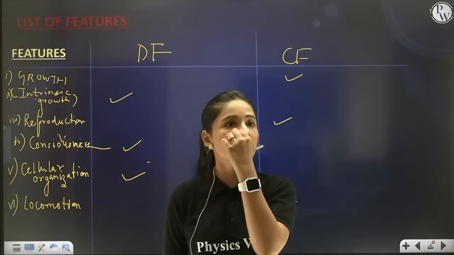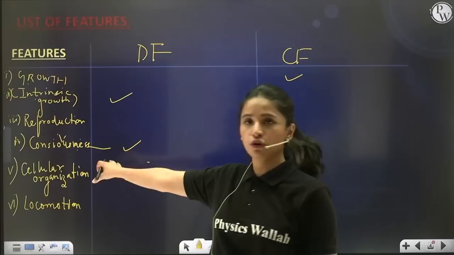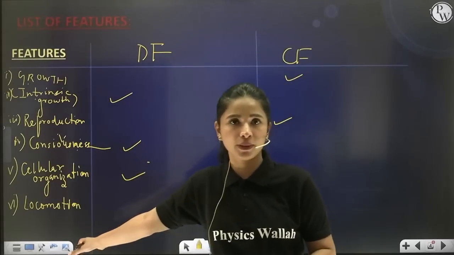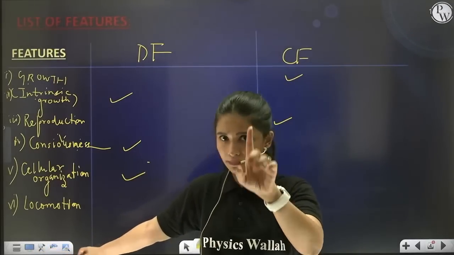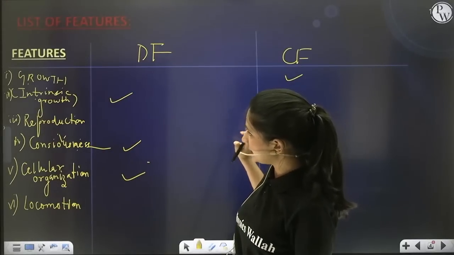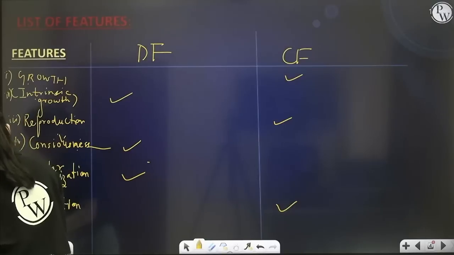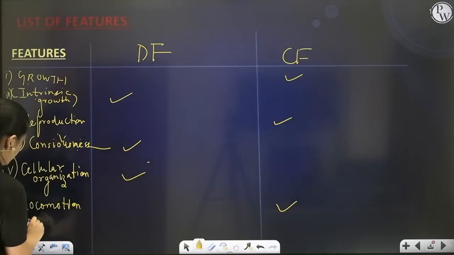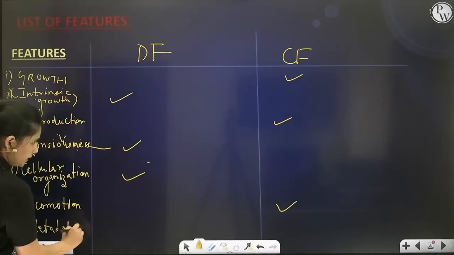Therefore, it becomes a characteristic feature. Self-consciousness is one more feature which we did, but it is a defining feature of only humans. Remember that point. I hope we have covered each and everything. Is anything left? Yeah, metabolism is left. Yes, metabolism. So what is metabolism? It is also a defining property.